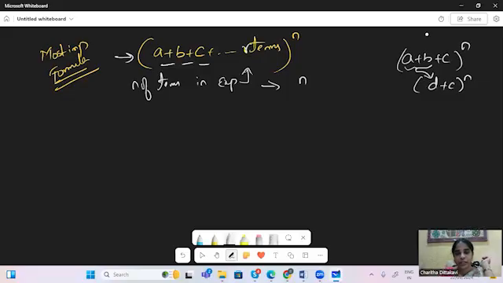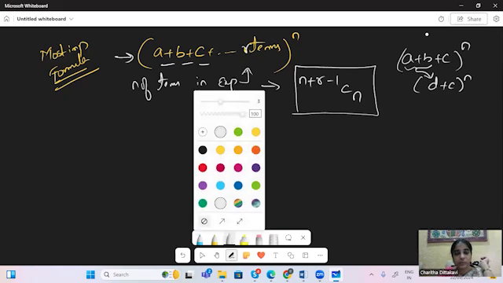The number of terms in the expansion is n plus r minus 1 C n. Please do make a note of it.